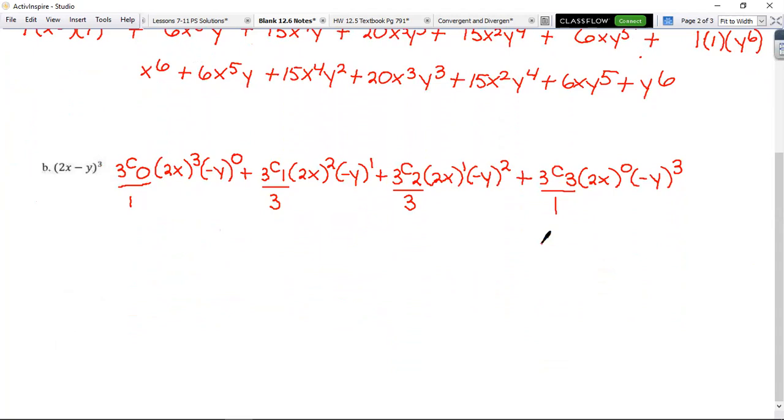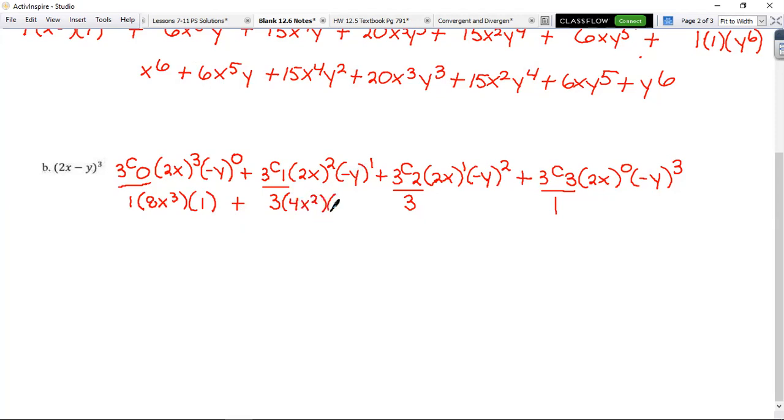So what makes this one a little different is that first term, when I have 2x quantity cubed, I need to cube the 2 as well. So this is really going to become 8x cubed, and anything to the 0 power is 1. Next term, 2 squared is 4, and then x squared.